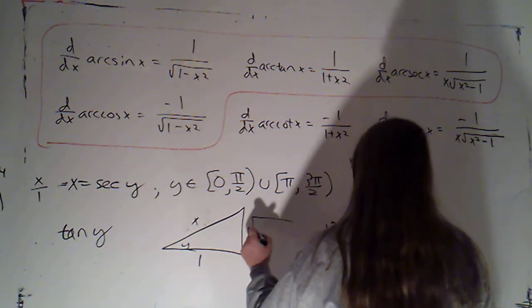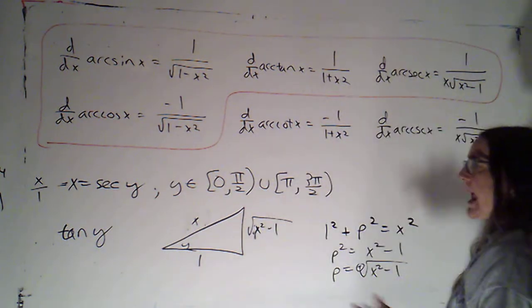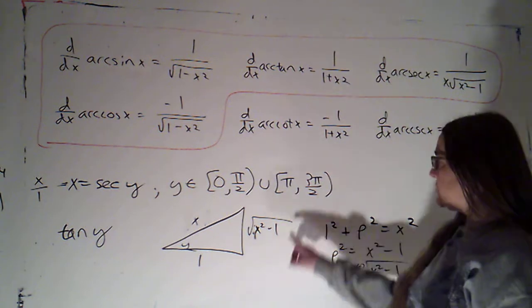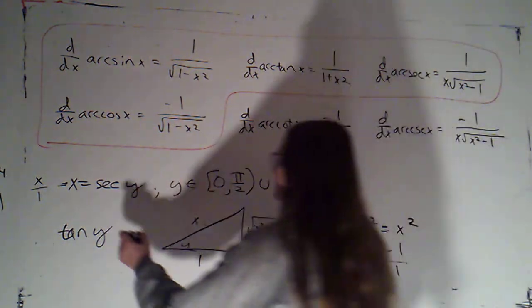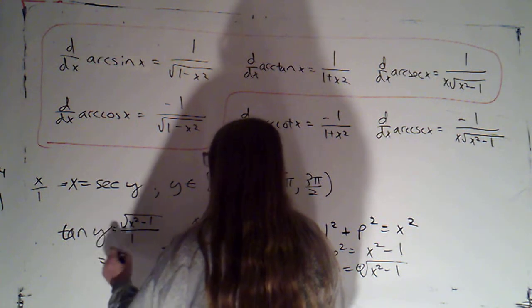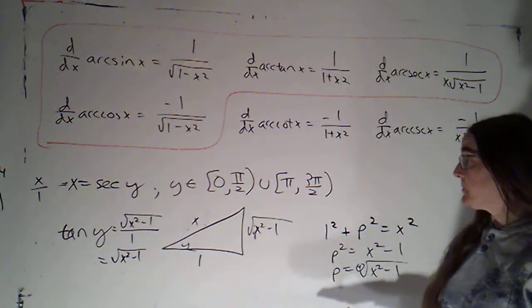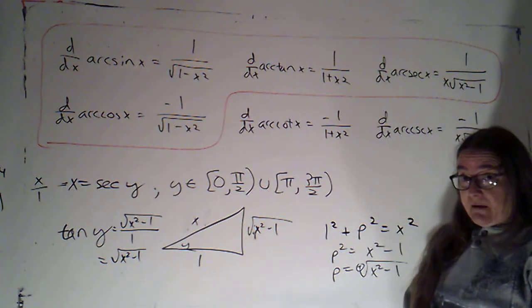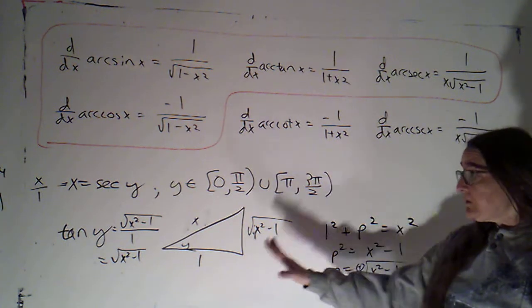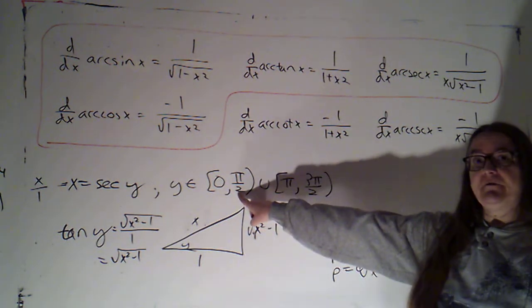So we get this, root x squared minus 1. And then I can say tangent of y is just opposite over adjacent. So that's root x squared minus 1 over 1. And that's root x squared minus 1. Very nice. Okay. I like that method, but we're only halfway done because this picture goes with this interval.